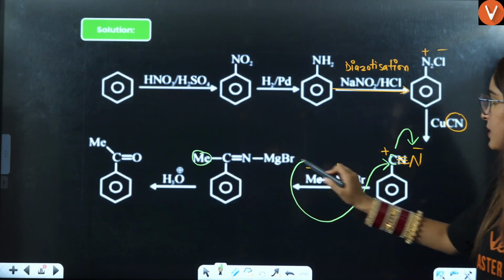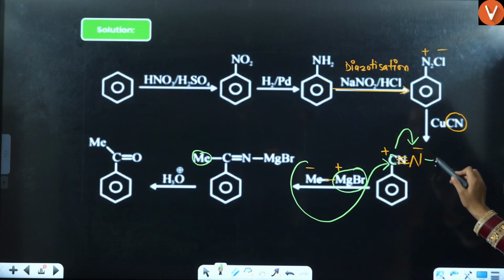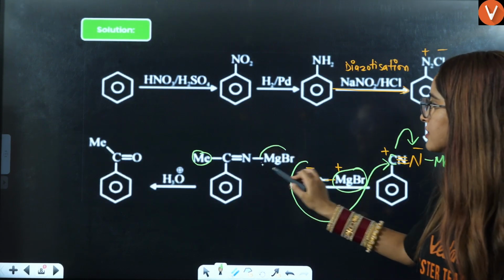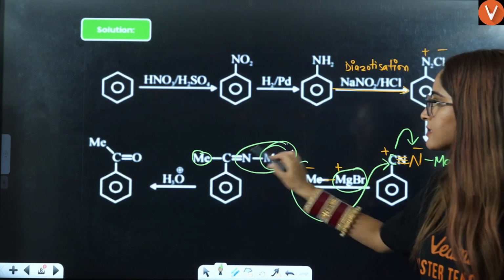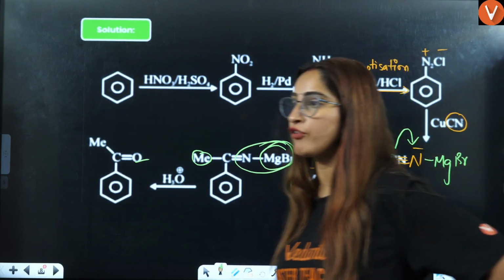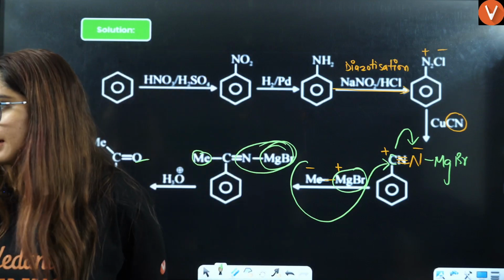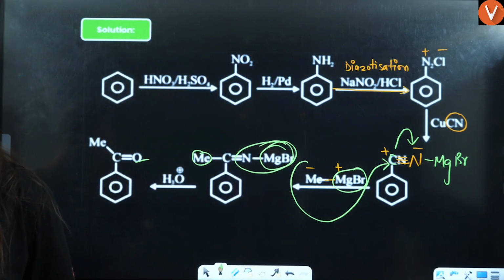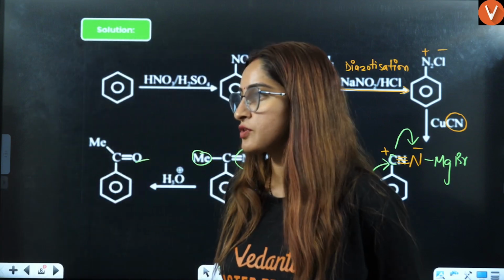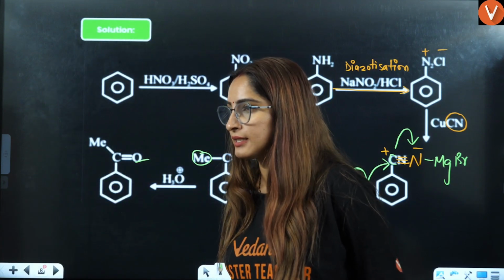Electrons will jump here, and this MgBr will get attached here. After the hydrolysis, this whole thing is getting converted to double bond O, and hence in the end you will have the formation of a ketone, right? Okay, is that clear to everybody or not? Students, is that clear or not?